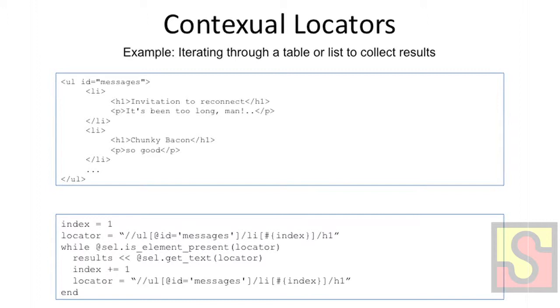So you can see in the code snippet at the bottom, it's kind of rough, but it's fairly simple, fairly straightforward. I'm just starting out by building a string which has an index of 1, which is the initial value of the index variable. And then as long as that element is present, I'll increment the index and rebuild the locator and then check again.